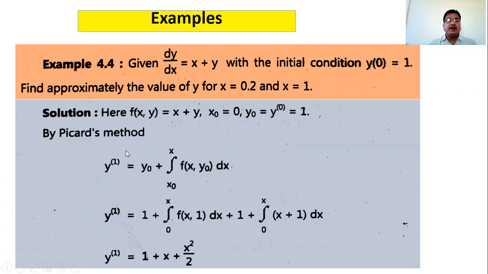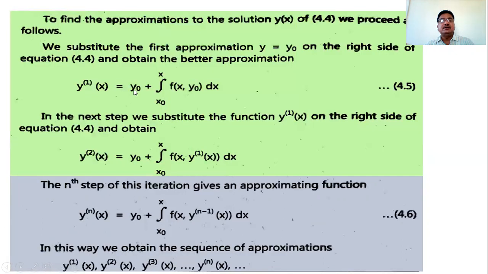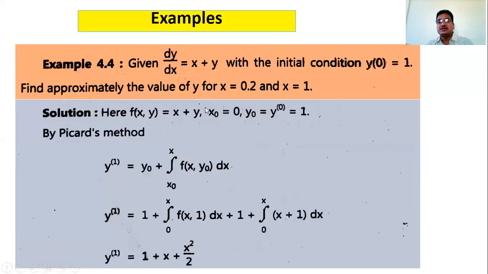Then by Picard's method, what is the first approximation y1? y1 is y0 plus the integral from x0 to x of f(x, y0) dx. So write this formula. Then y0 is 1, and x0 is 0.